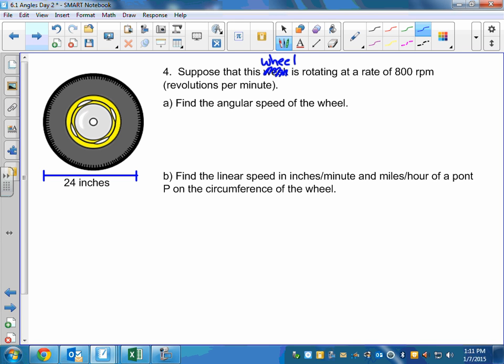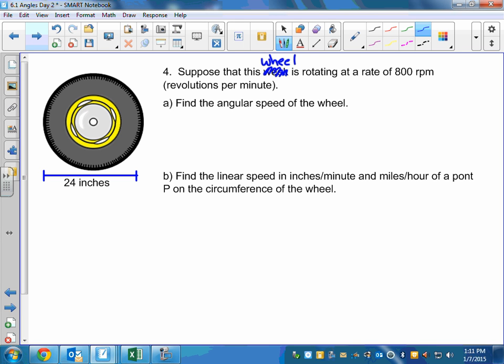Suppose that this wheel is rotating at a rate of 800 RPM. If you don't know what RPM stands for, it stands for revolutions per minute. They want us to find the angular speed and then the linear speed. And this kind of goes back to some chemistry conversion stuff.